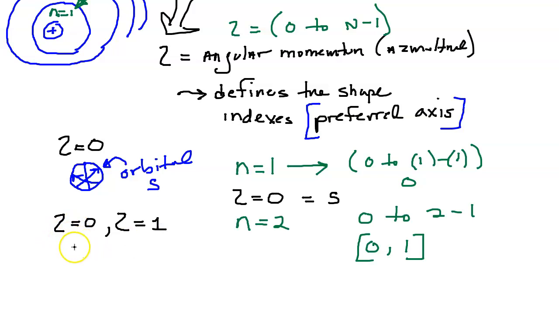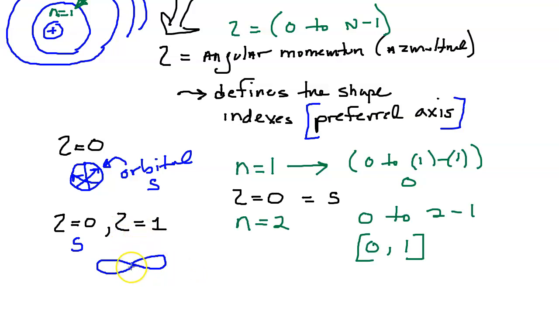Now I said that this is an s orbital, 0, because it has 0 preferred axes. What would be the angular momentum for one preferred axis? Well, it's going to look like this. One preferred axis actually has a shape like a dumbbell. I don't know if you lift weights, but that's what we call a dumbbell shape.